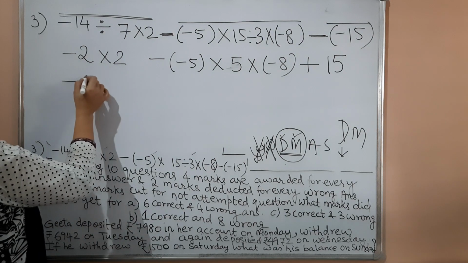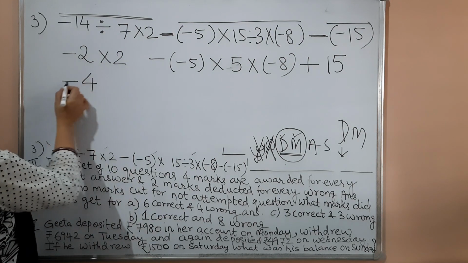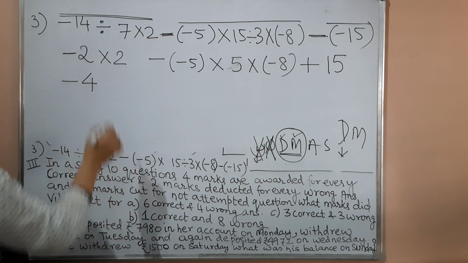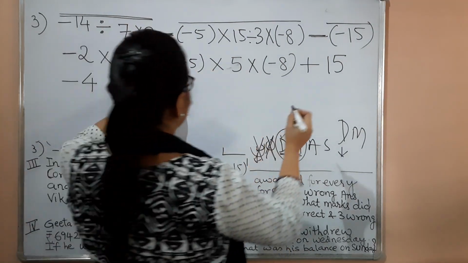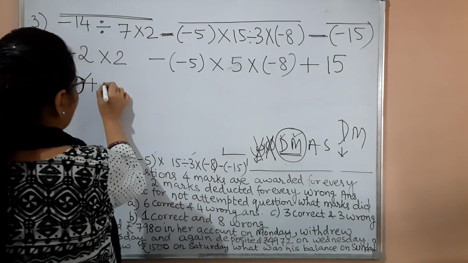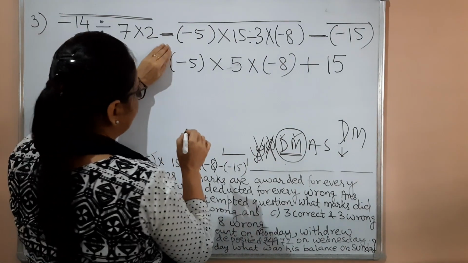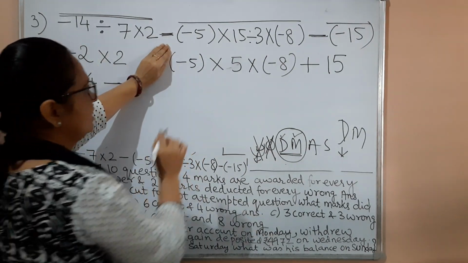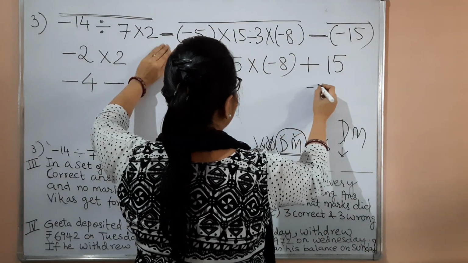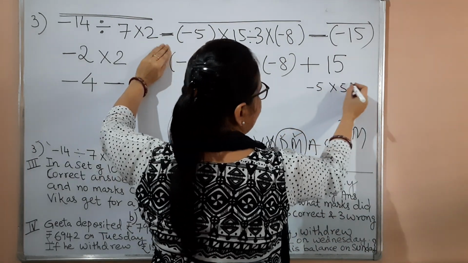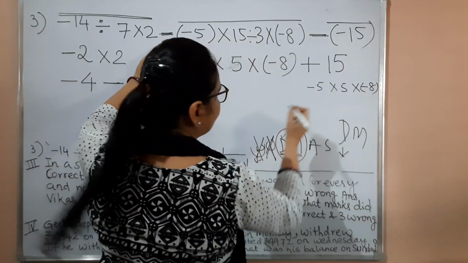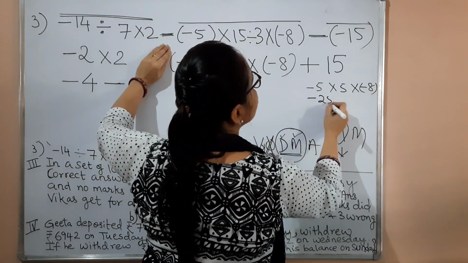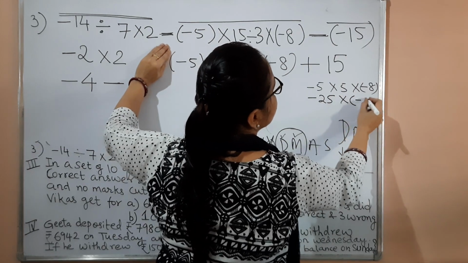Now here we know 2 2s are 4 and the sign will be negative because we have one negative sign. Here we have to multiply 5 5s are 25. If I just ignore the sign which is outside, if I keep this sign outside, and then we will have to multiply minus 5 into minus 8. So we have 5 5s are 25, minus 25 multiplied by minus 8.